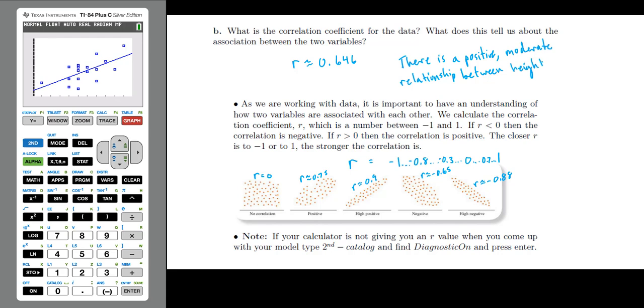And I think that goes with our experiences, right? Of course, people who are taller are going to weigh a little bit more. Height has a lot to do with it, but there's a lot of other factors that affect our weight as well, like what kind of exercise we do. So it makes sense that height is a pretty decent predictor of weight, but it's not perfect.